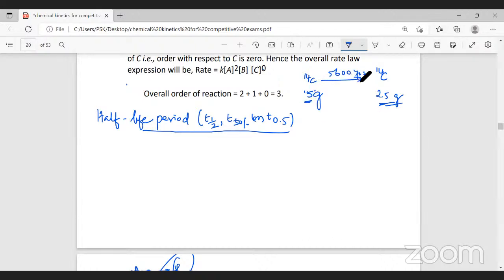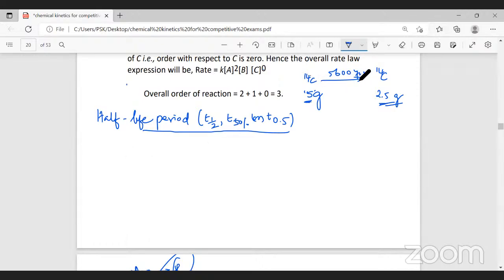Now, can I put it in other words? In 5,600 years, the amount of carbon 14 reacted is 50%, can I say? Yes, sir. What does it mean? The time required for 50% of carbon 14 to react is 5,600 years. So that is the definition of half-life period.